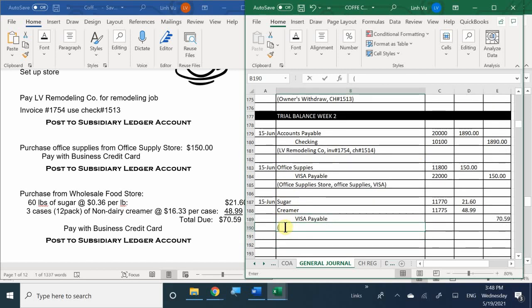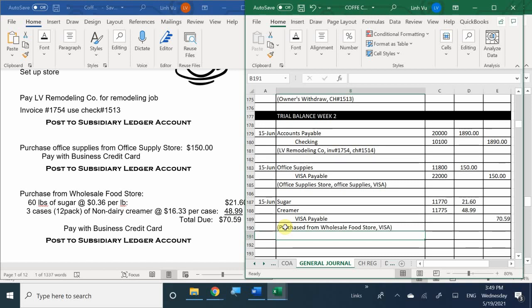Purchase sugar and creamer. From where? Wholesale food store. And we paid with the Visa.